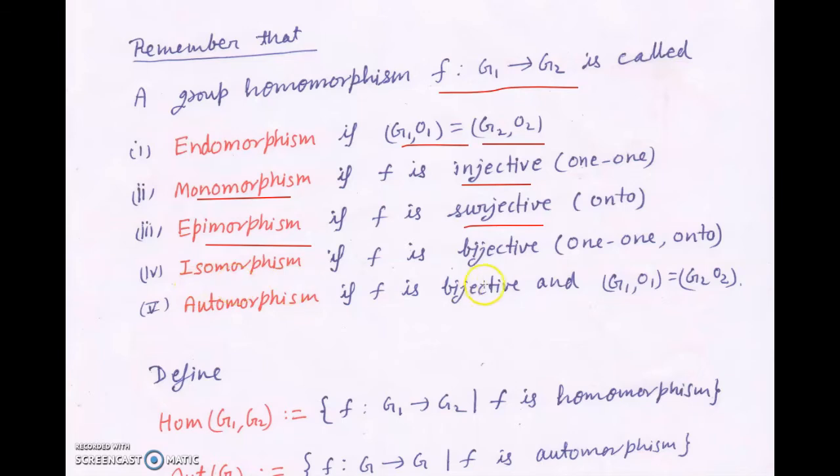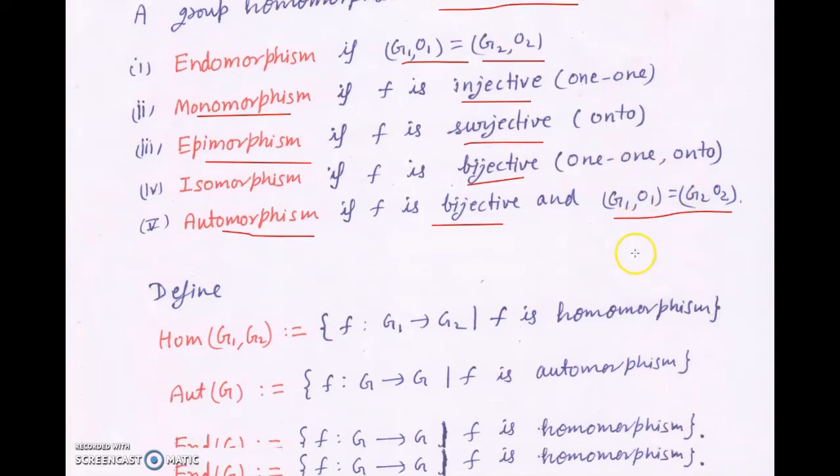This map is called an isomorphism if it is bijective, that is one-one and onto, that is injective plus surjective group homomorphism. So an isomorphism is a bijective group homomorphism. And what about automorphism? If F is a bijective group homomorphism and G1 and G2 are both the same group, then it is called an automorphism.